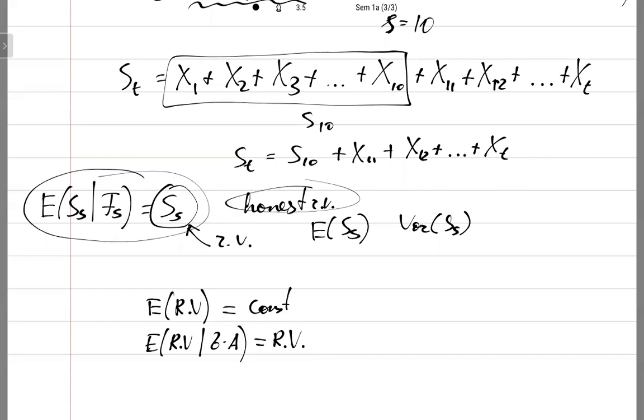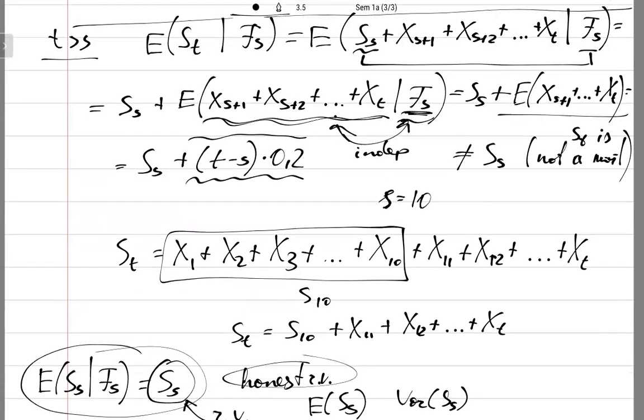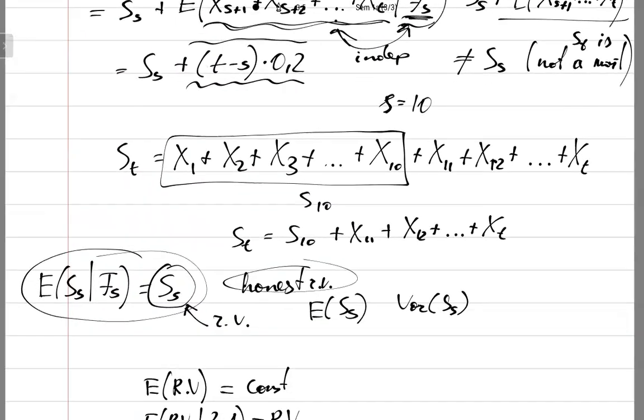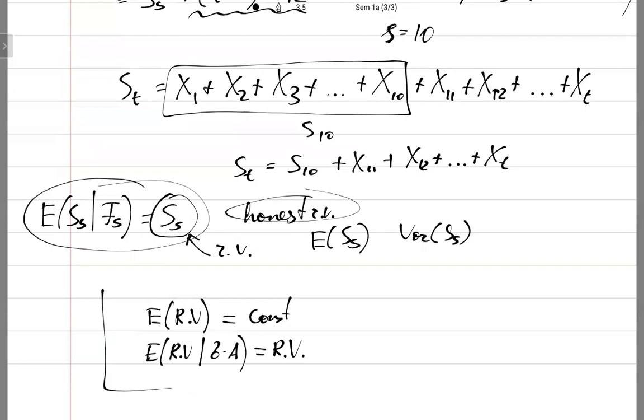It may simplify to a constant, like in the case of x, but in general, the expected value of a random variable is a constant, but the expected value of a random variable given a sigma algebra is another simplified version of the original random variable.